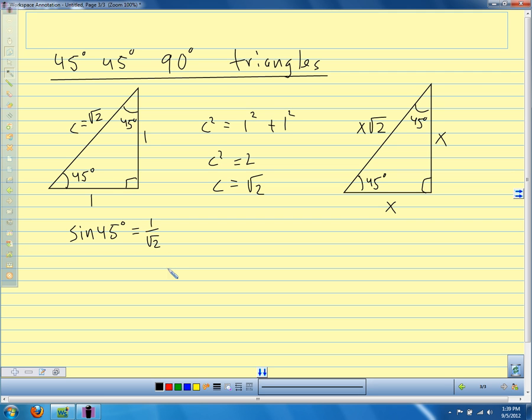And when we have a square root in the denominator, we always like to rationalize the denominator. So to rationalize our denominator, remember what we do? To get the square root of 2 out of the denominator? Anyone?